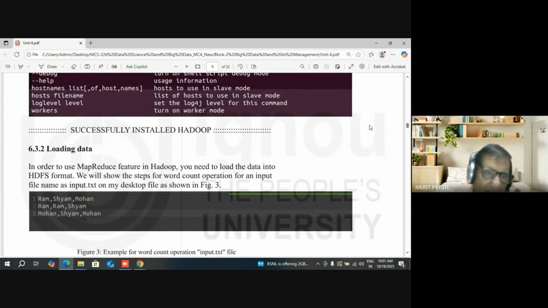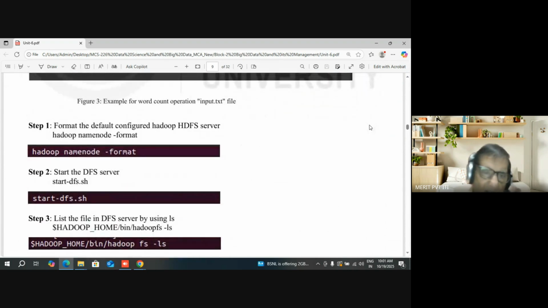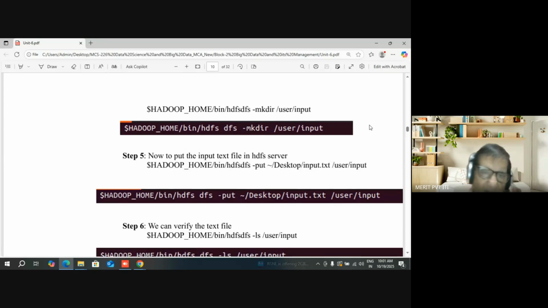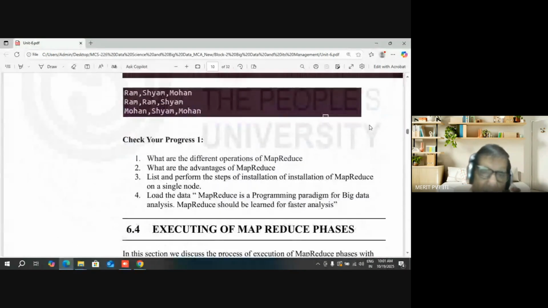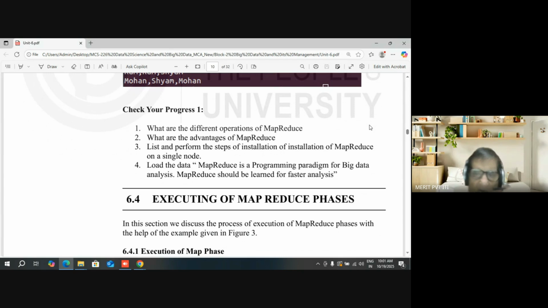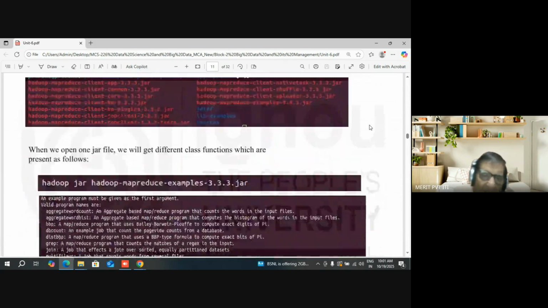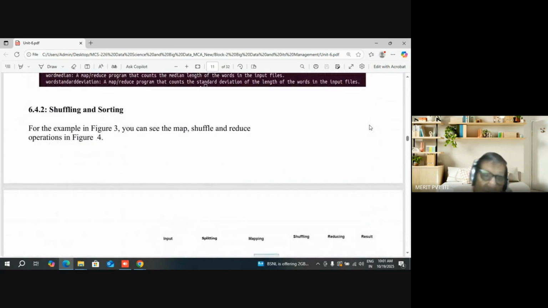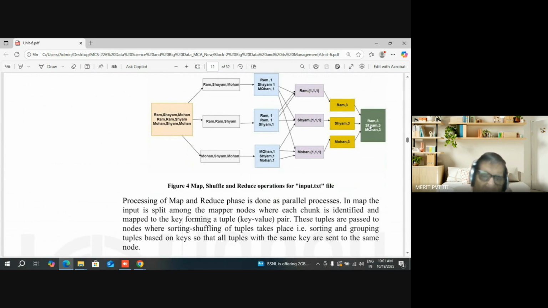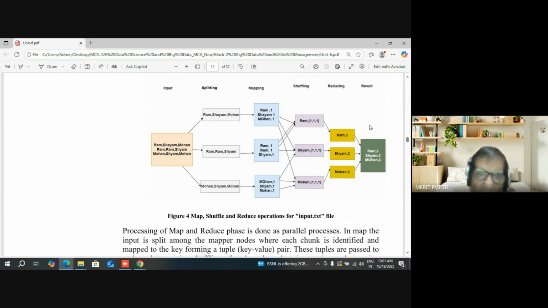So loading data, it can also use MapReduce, and a Hadoop program is given. The statements are given everywhere. Execution of MapReduce phase, in that also a program is given. And the map, shuffle and reduce operation for input text and all these things are given. देख लीजिए.